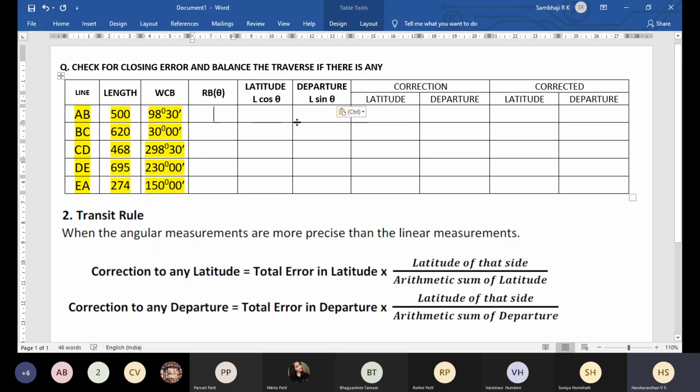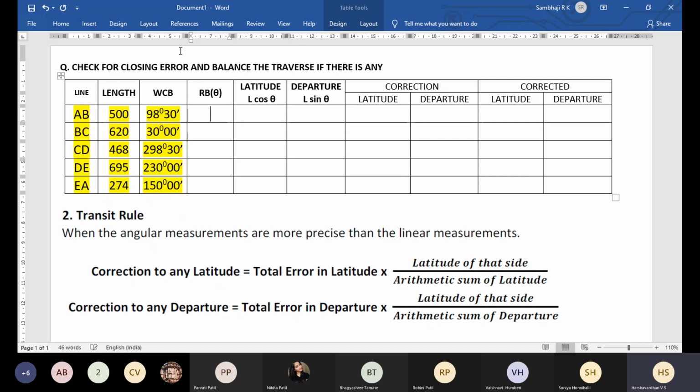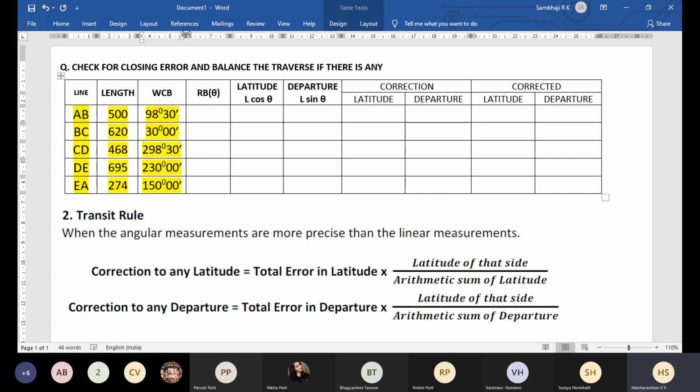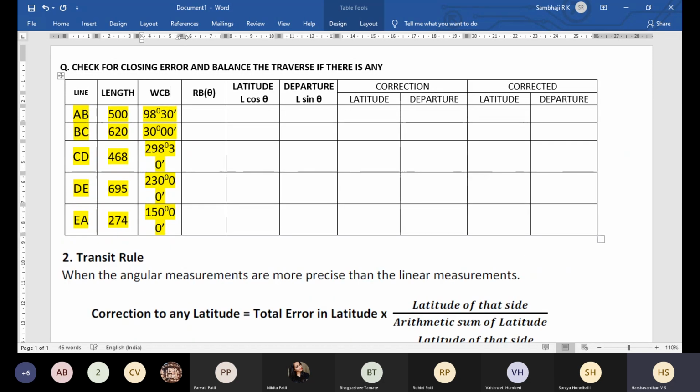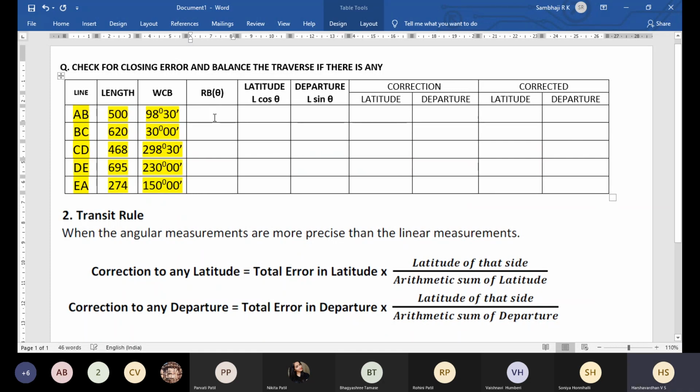So first let us find the reduced bearing. We have already done this in the previous classes.